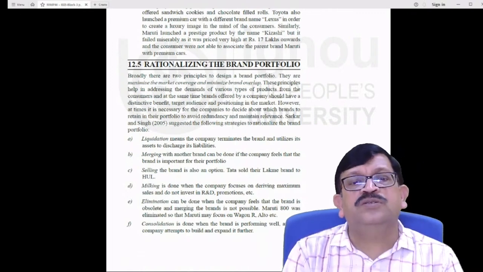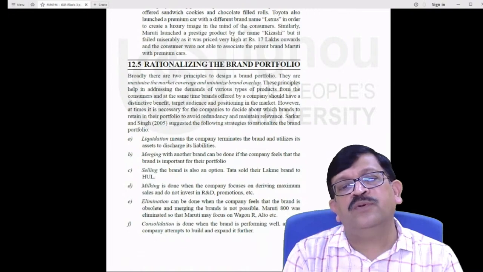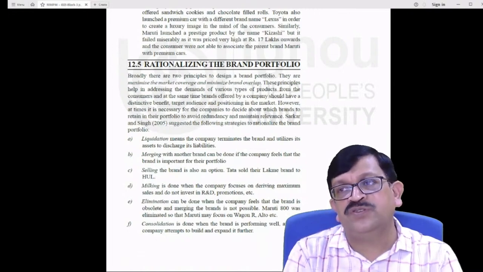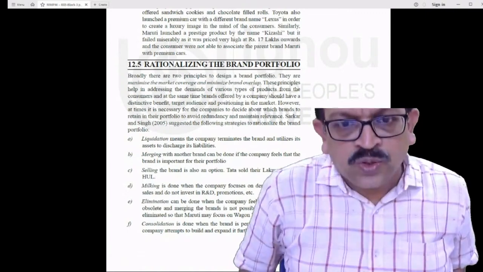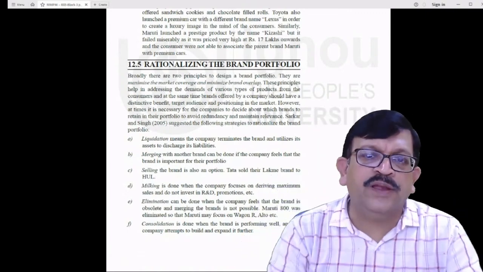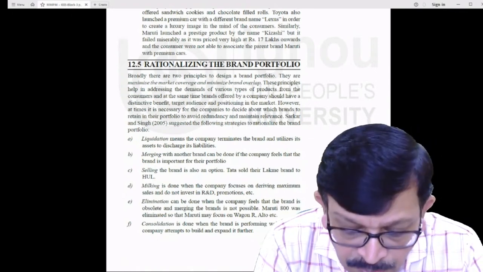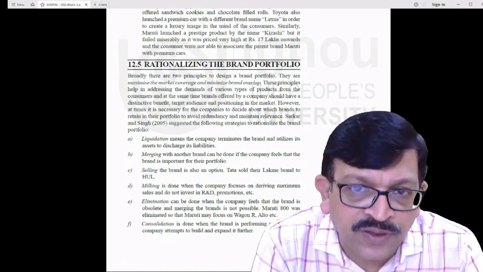Merging: you could merge with another brand, if it helps strengthen that particular offering, so that the merger leads to a very strong brand. This can happen primarily because of the cannibalization effect.